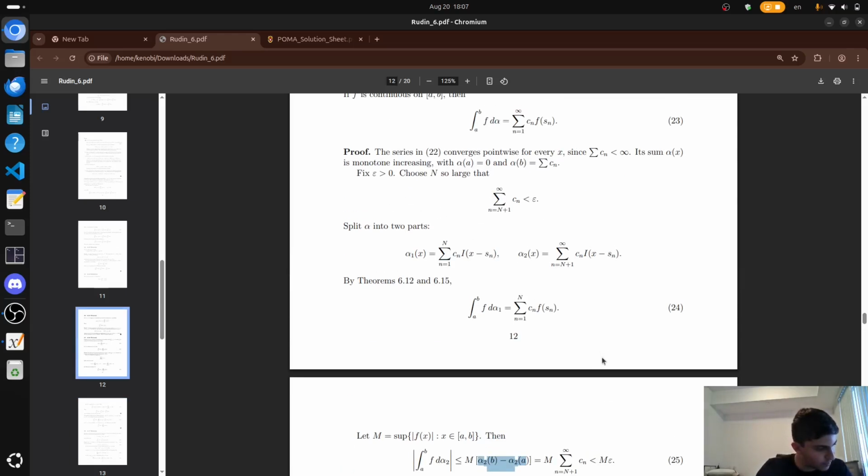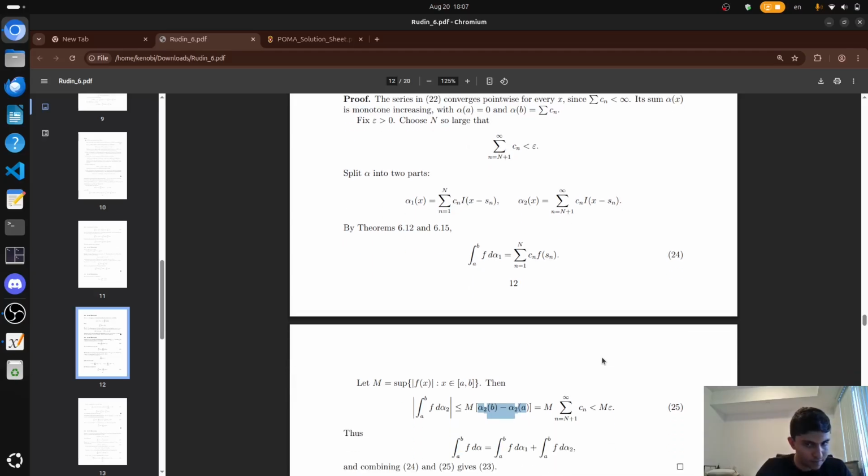We know that alpha 2 of b minus alpha 2 of a is less than epsilon. Actually, wait. No, this is correct. So basically, alpha 2 of b minus alpha 2 of a is equal to this thing over here.